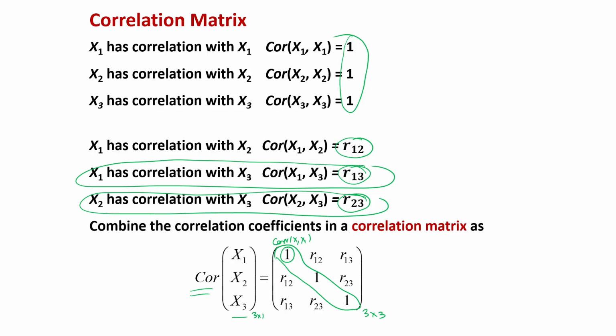For the off-diagonal elements, in the first row there is R12, the correlation coefficient between x1 and x2, then R13, the correlation coefficient between x1 and x3, and in the second row it will be R23, the correlation coefficient between x2 and x3. This is a symmetric matrix. So R12 will be the same as R21, R13 will be the same as R31, and R23 will be the same as R32. So this is called a correlation matrix.